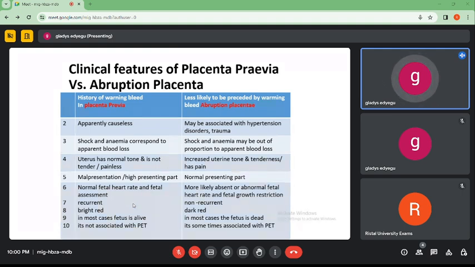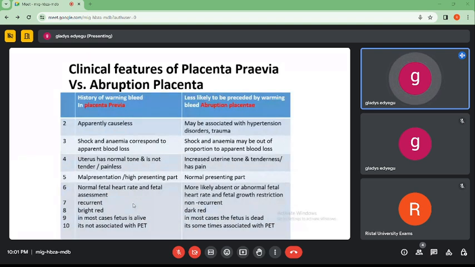Then in placenta previa, the fetal heart rate and fetal assessment are normal. When you do any kind of assessment on the baby and monitor the fetal heart, you find they are all very normal.